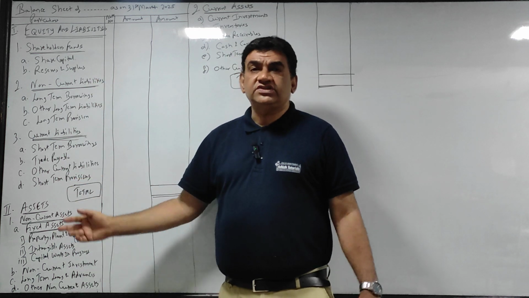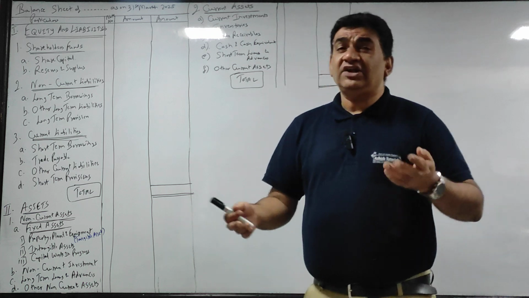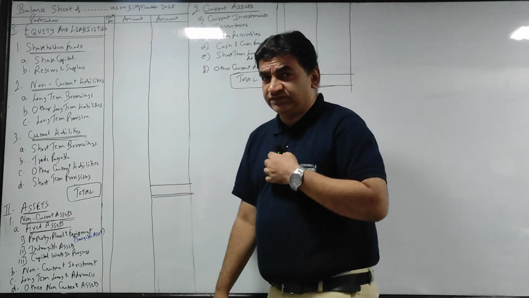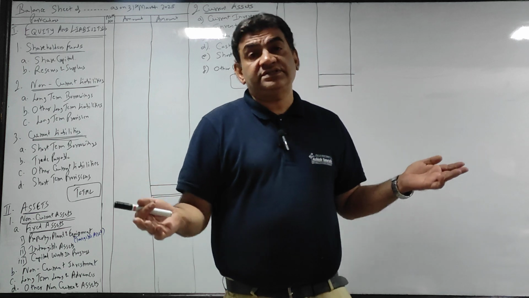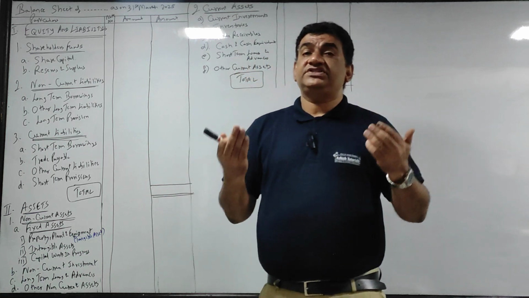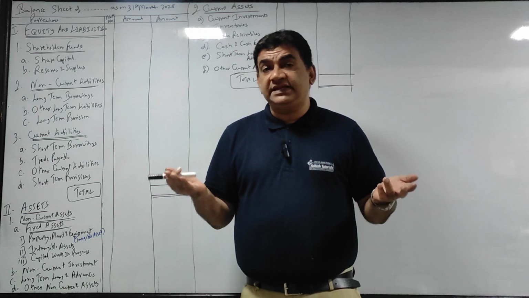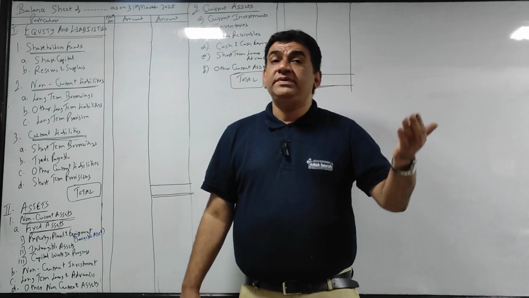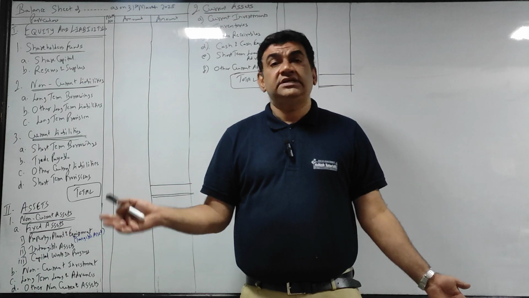Second, reserves and surpluses. You all know, you will have done in SY also, currently also you are doing any type of reserves and surpluses. What are reserves and surpluses? Profits generated by the company, reserves created by the company, which are to be used either for a general purpose or for a specific purpose.